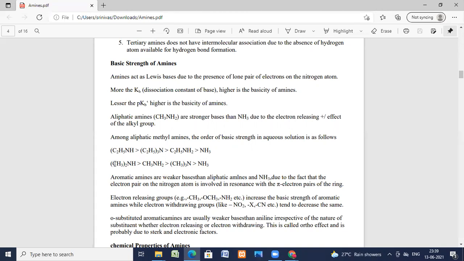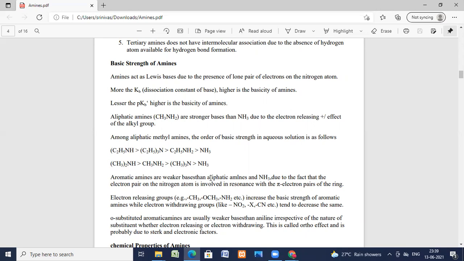The secondary amine has more basic nature than primary. Actually, tertiary should have more basic nature, but due to steric hindrance, it is decreased.